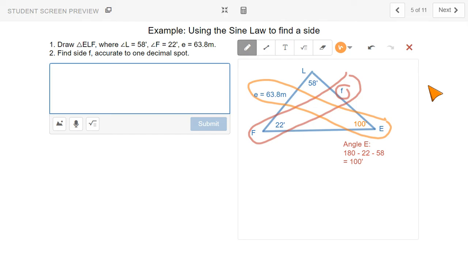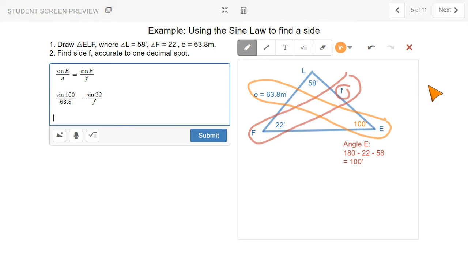Let's write our equation now. I have sine E over e is equal to sine F over f. Let's substitute the values in. Sine 100 over 63.8 is equal to sine 22 divided by little f.